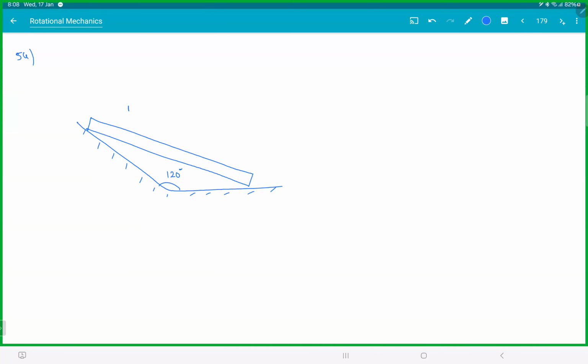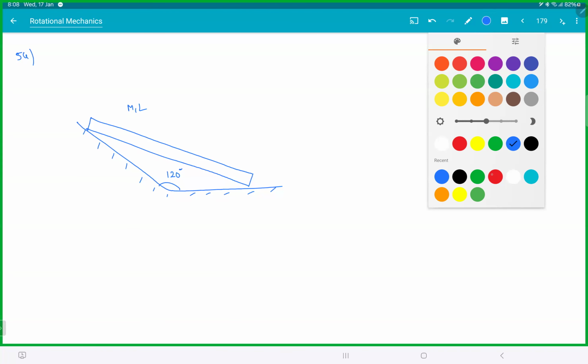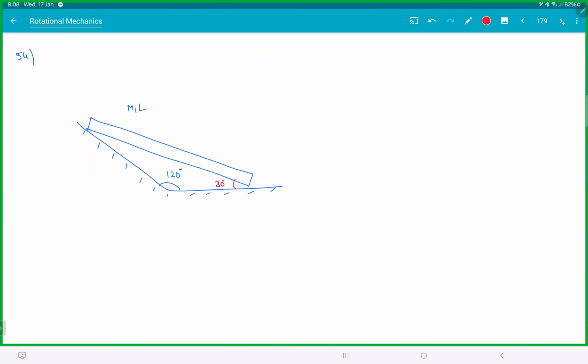Thin rod, mass m, length L. This is 30 degrees and this point A is going with U. Find the kinetic energy of the rod. Try. I just changed the angle from the perpendicular. Find the kinetic energy of the rod.